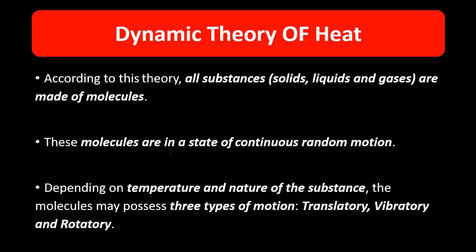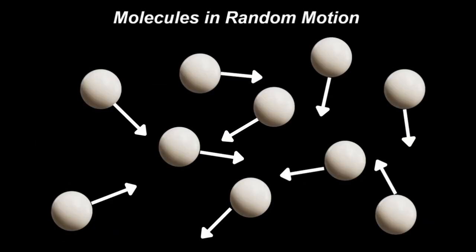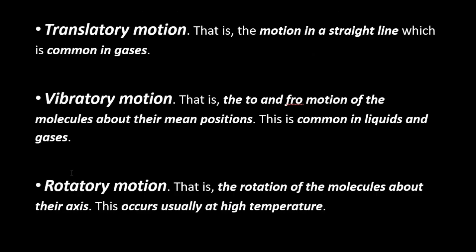Depending upon the temperature and nature of the substance, the molecules may possess three types of motion: translatory, vibratory and rotatory. Translational motion, vibrational motion, rotational motion. In translational motion, the molecules move in a straight line.